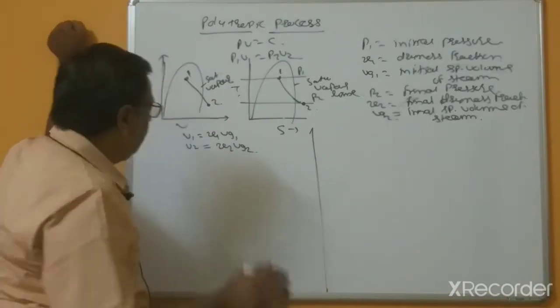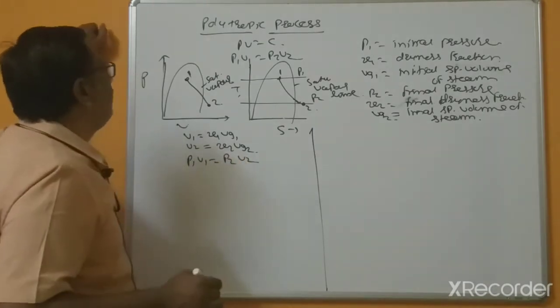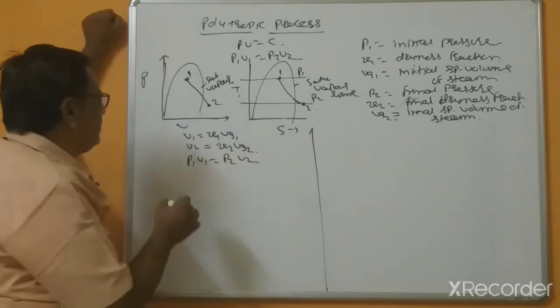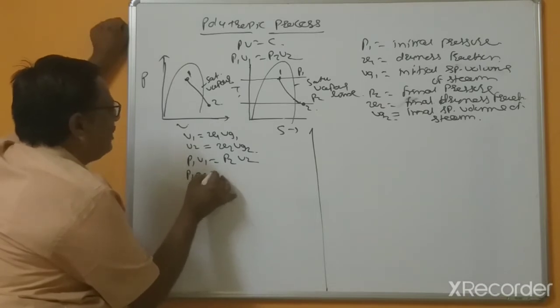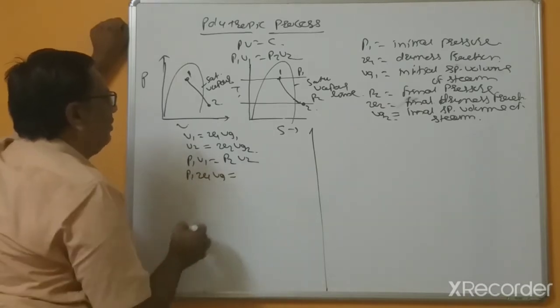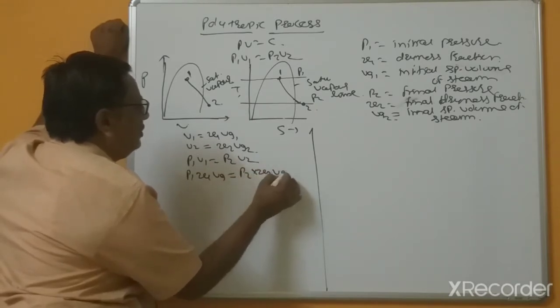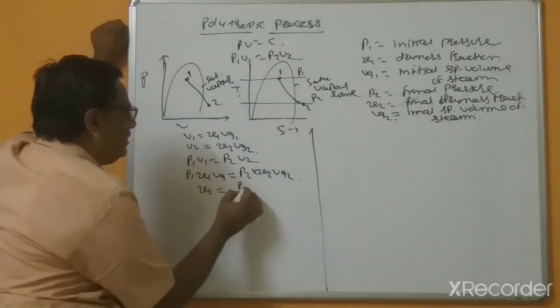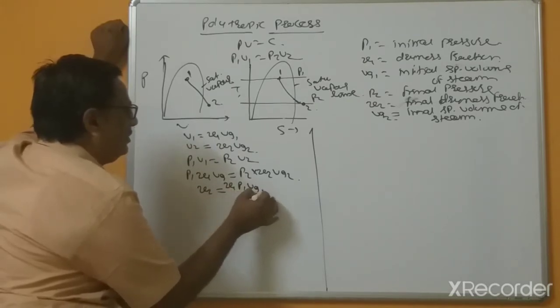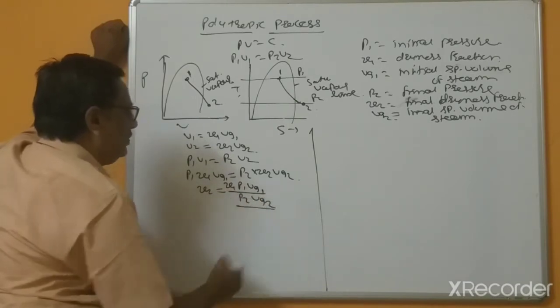Now by equating, P1 V1 equal to P2 V2. So in general the pressure is decreasing. So here we can put P1 times X1 Vg1 equal to P2 times X2 Vg2, or X2 equal to P1 X1 Vg1 divided by P2 Vg2.